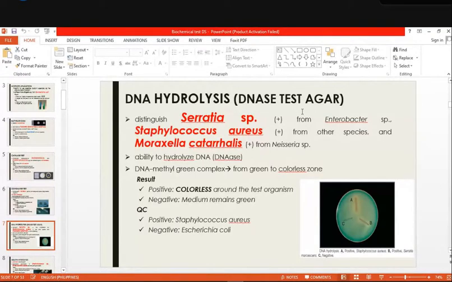Okay, so pag walang indicator sa DNA hydrolysis, how can you see whether there was hydrolysis of DNA? What would be the positive result? No indicator.